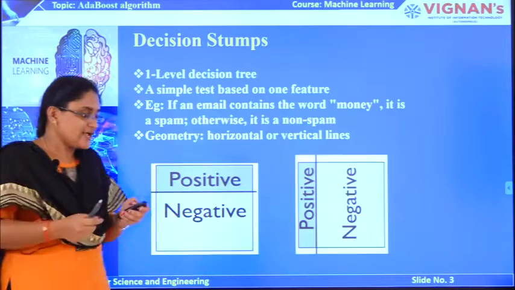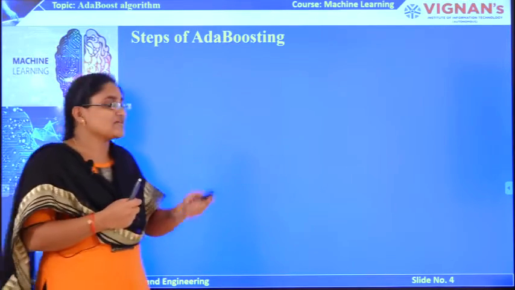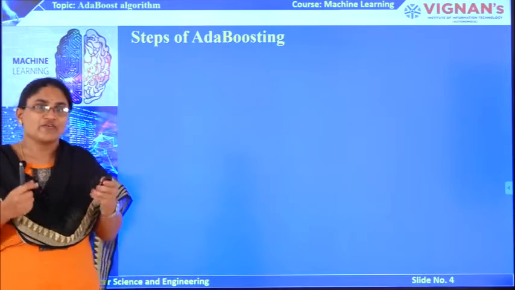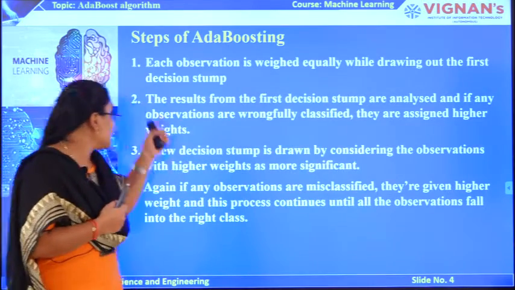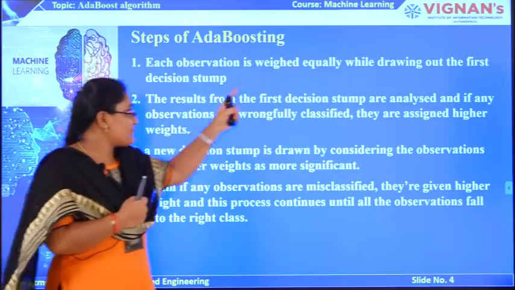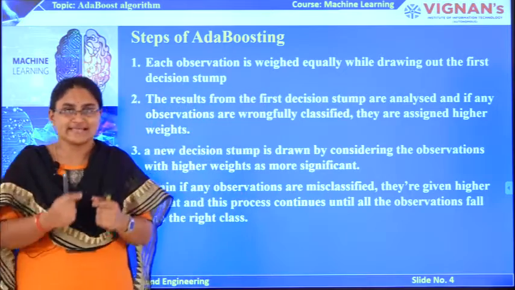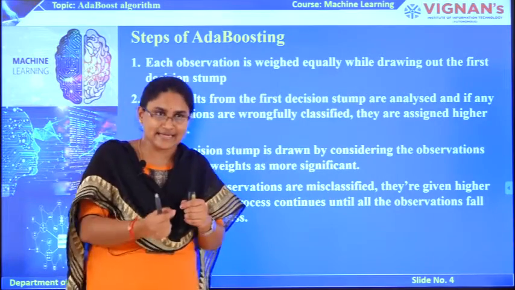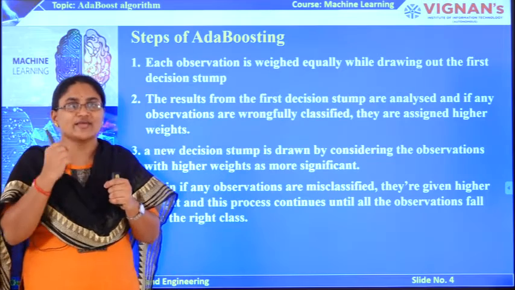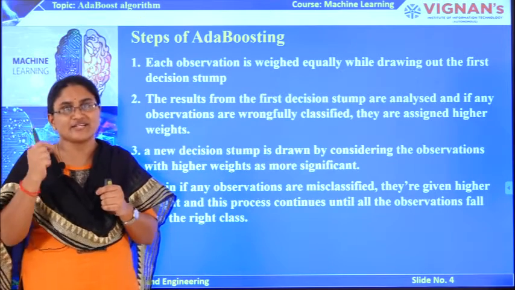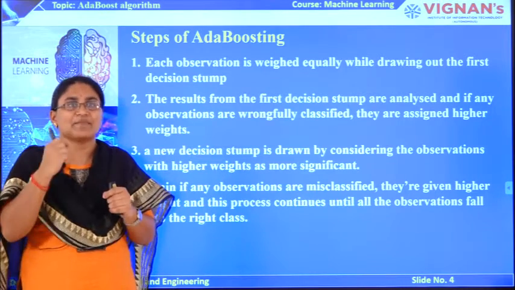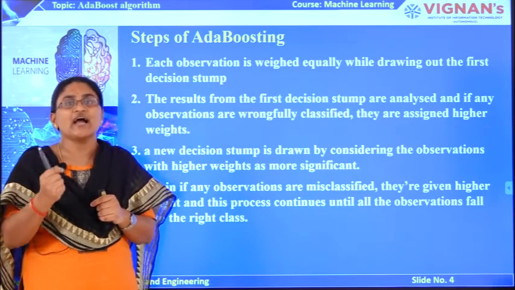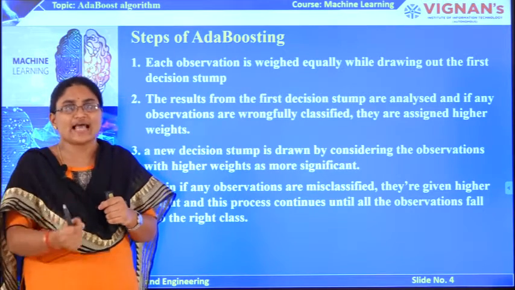Now let's see the steps of the AdaBoost algorithm. In the AdaBoost algorithm, we basically have 4 steps. In the very first step, we assign equal weights to all the data points in a given data set. After assigning equal weights to every data point, we apply our first decision stump. Here the decision stump is nothing but the base classifier or the weak classifier.